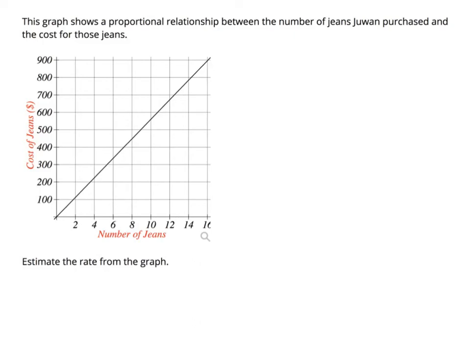Whenever you're looking at a graph, you should always be thinking that it's going to be whatever the y is per whatever the x is. So like in this case, it's going to be cost per genes. All right, so knowing that, I need to know how much it's going up for every pair of genes.